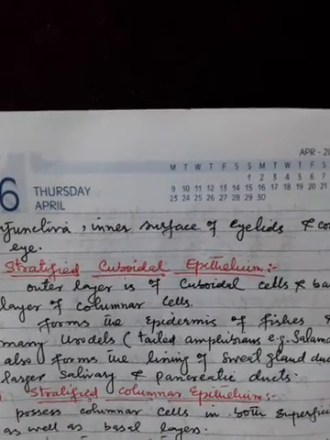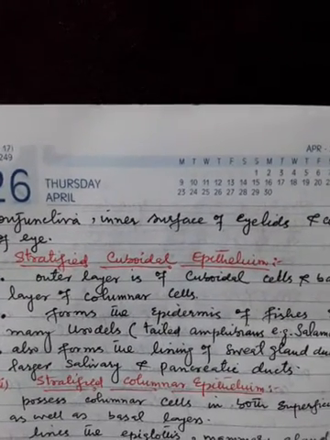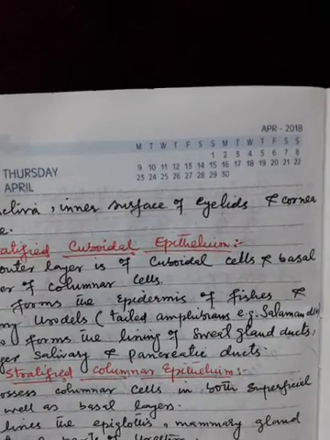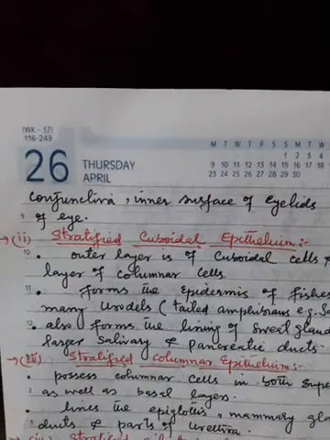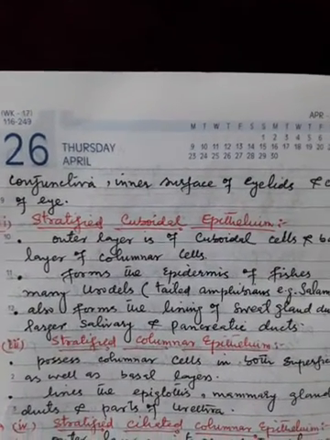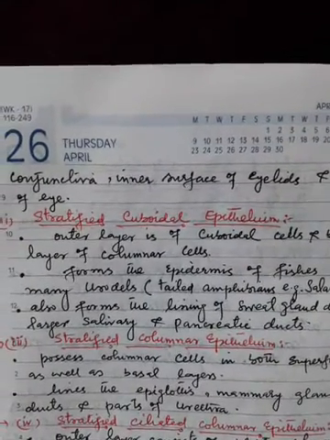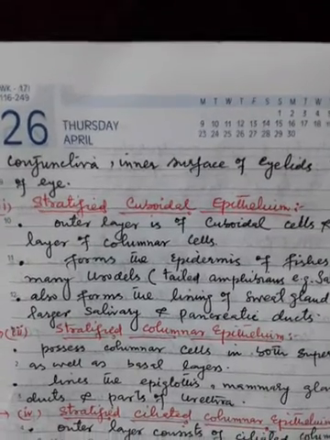It forms the epidermis of fishes and many urodels. Urodels means they are tailed amphibians, for example, salamanders. It also forms the lining of sweat gland ducts, larger salivary and pancreatic ducts.